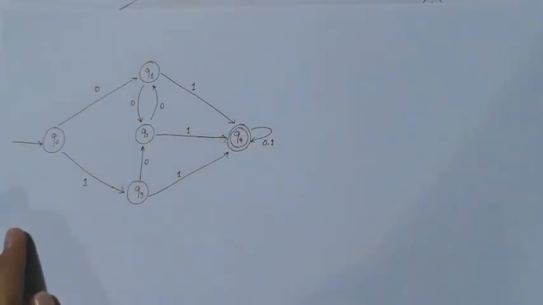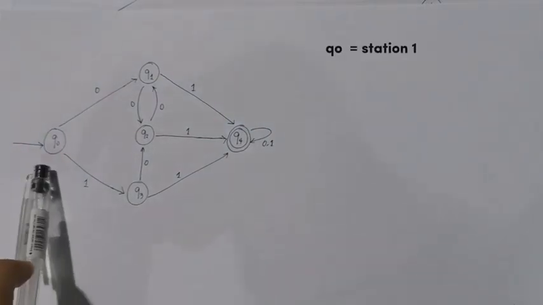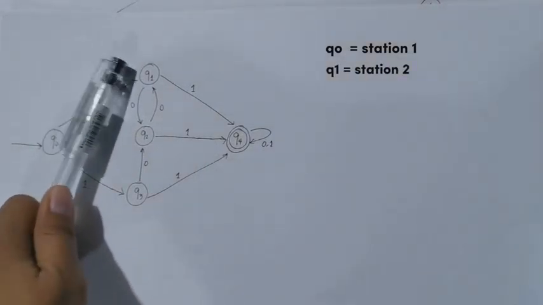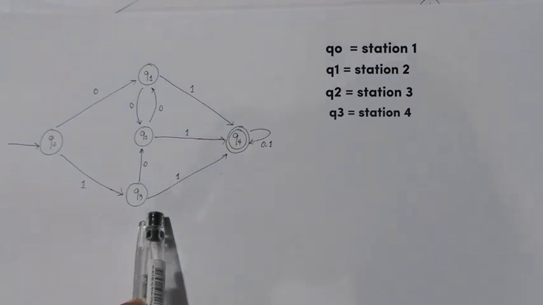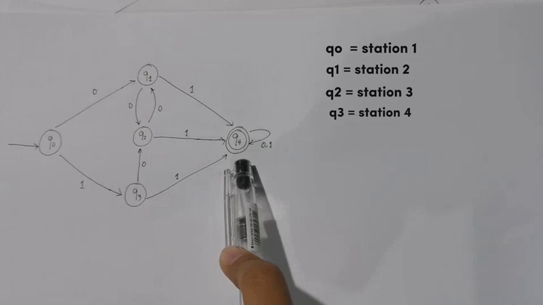The states would represent the bus stops or stations, so we can say that Q sub 0 would be the first station, Q sub 1 would be station 2, Q sub 2 would be station 3, Q sub 3 would be station 4, and Q sub 4 would be the last station or the city.